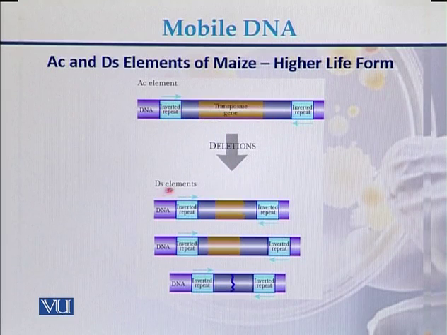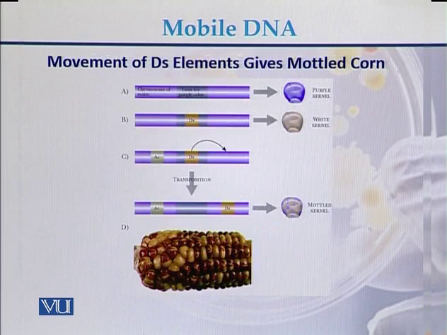While in the case of dissociation elements, there are inverted repeats on both sides. So in higher life forms, mobile DNA is also present, and in maize we see that there are activator sequences and dissociation sequences, which are written as AC and DS.